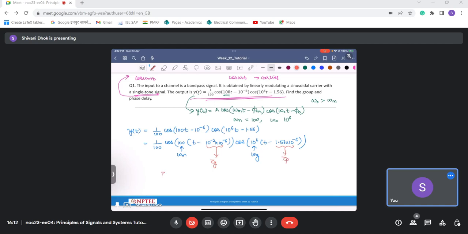So my group delay is 10 raised to minus 8 seconds and my phase delay is 1.56 into 10 raised to minus 6 seconds. So these are my group and phase delays.